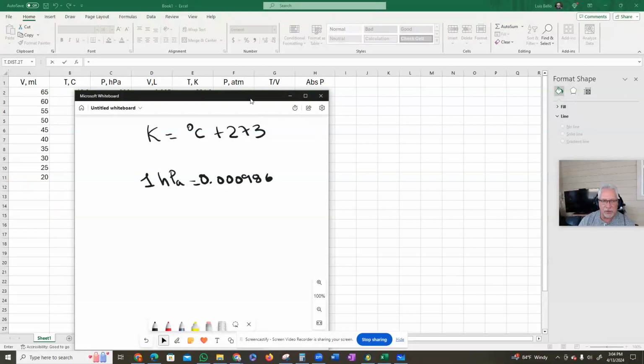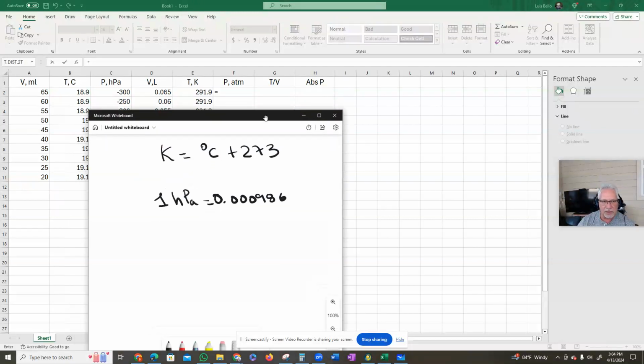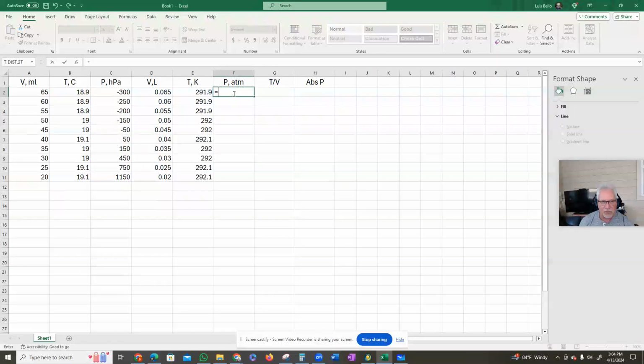So if I want to convert negative 300 hectopascal, I need to multiply by that number. My question will be negative 300 hectopascal times the conversion factor 0.000986 atm divided by 1 hectopascal, and these two units cancel out, and that's the formula that will go right here.